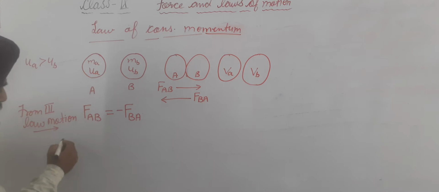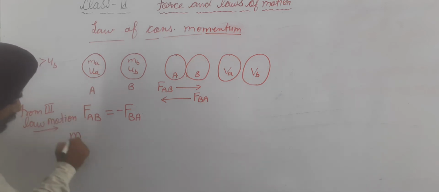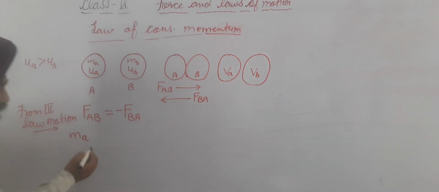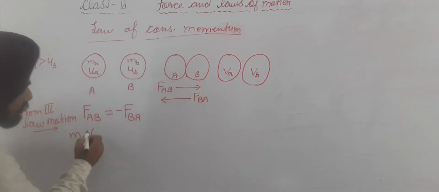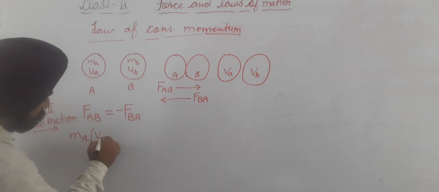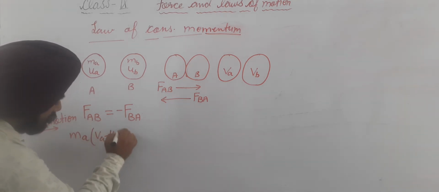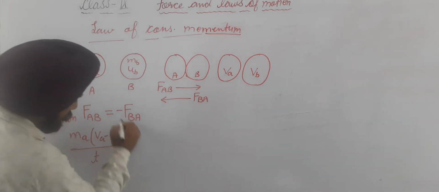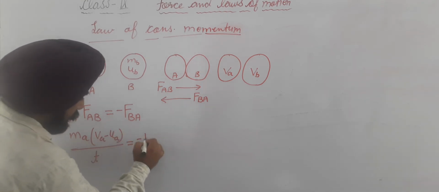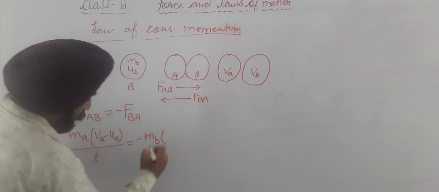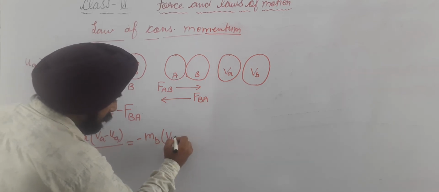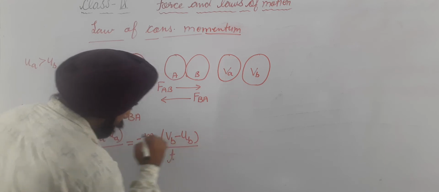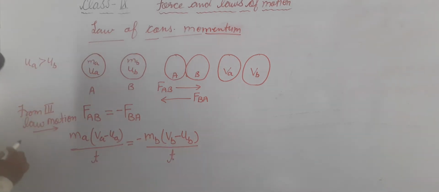For FAB, we can write the applied unbalanced force as the rate of change of momentum, that is mass into rate of change of velocity, that is MA into (VA minus UA) upon time. This is equal to the negative sign from this, that is MB into (VB minus UB) upon time. This is from the second law of motion.